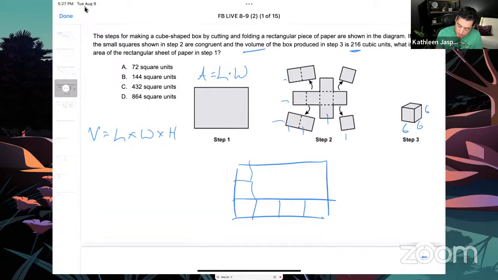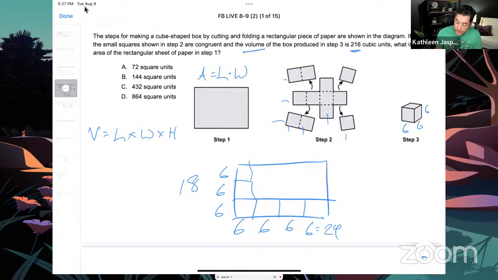I'll go just like that. Okay. Each one of these is going to be 6. And then each one of these is going to be 6. So that when I go ahead and add them all up, 6 times 3 gives me 18. And 6 times 4 gives me 24. All right. We'll just say that.